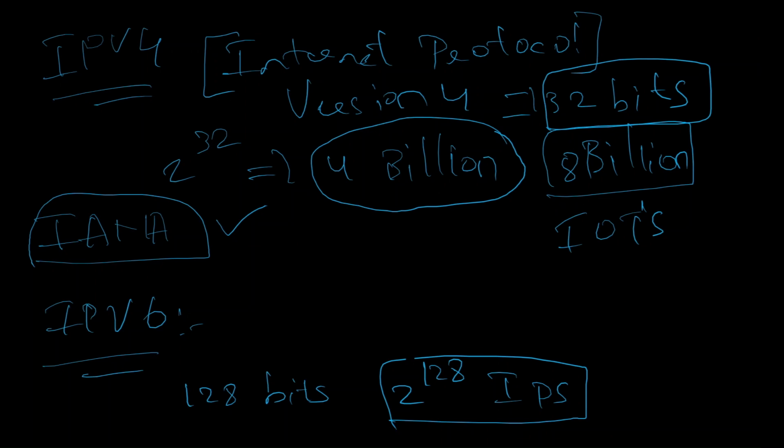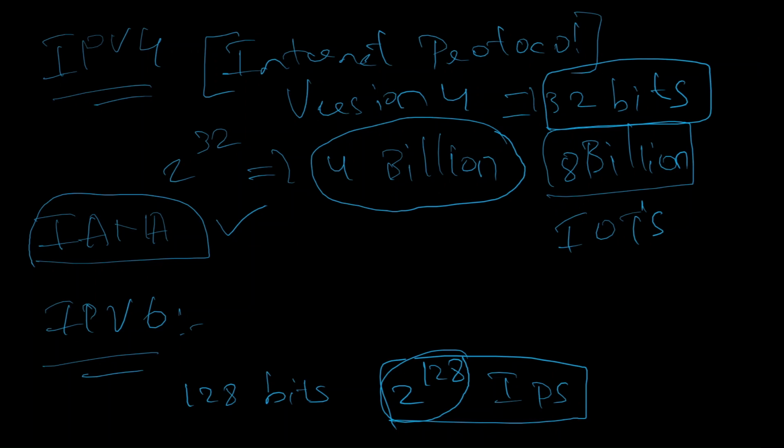I think these IPs will be sufficient as long as humanity exists. Presently we are using both IPv4 and IPv6 combinedly for communication. Mostly we'll be using IPv4, and sometimes IPv6.